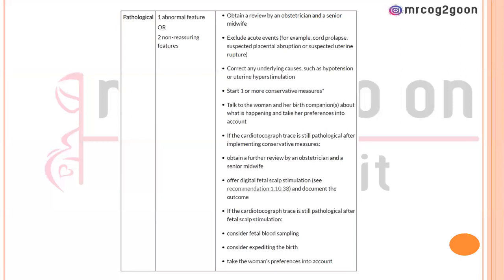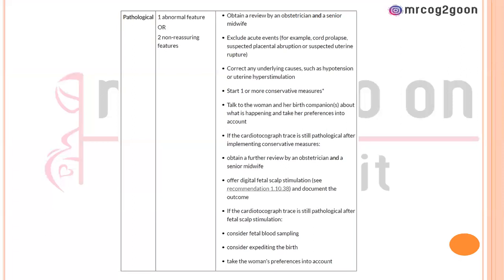It means re-evaluate your patient and see what will be more rapid to do. Will it be more rapid to do a CS or to go for instrumental delivery, which is safer for your patient and for the baby? Always think like this. Expedite birth means this.